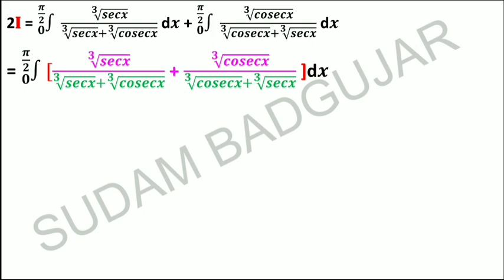So it becomes integration of cube root of sec x upon cube root of sec x plus cube root of cosec x plus cube root of cosec x upon cube root of cosec x plus cube root of sec x dx.